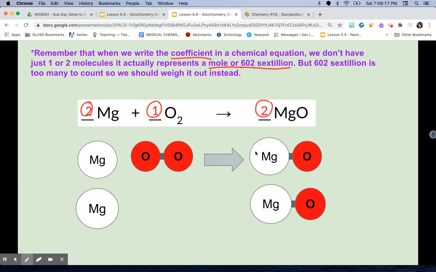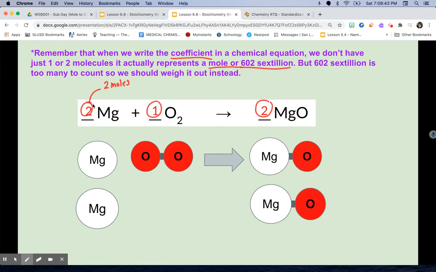Because if we just did this by two atoms of Mg, one molecule of O2 to make two molecules of MgO, that is way, way, way too tiny for us to deal with, right? So this doesn't represent two Mgs. It represents the fact that we have 2 moles of Mg.